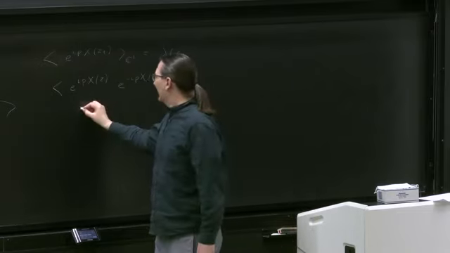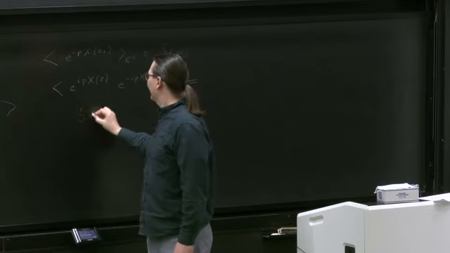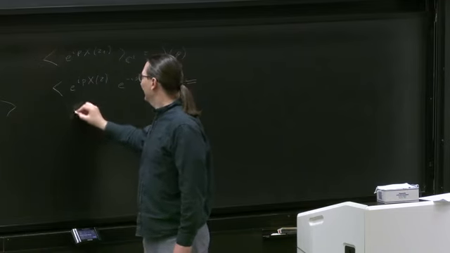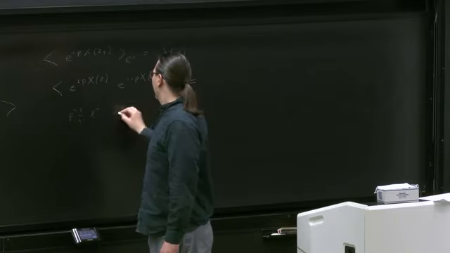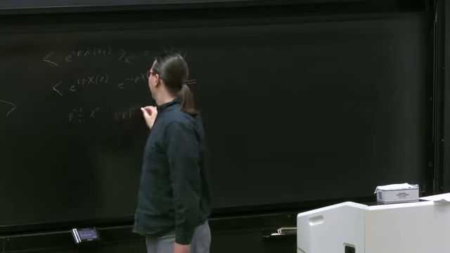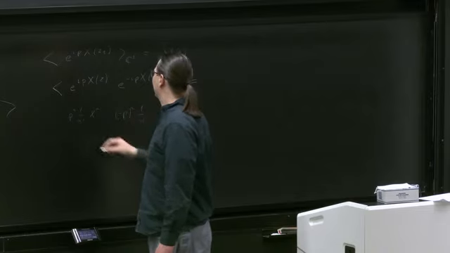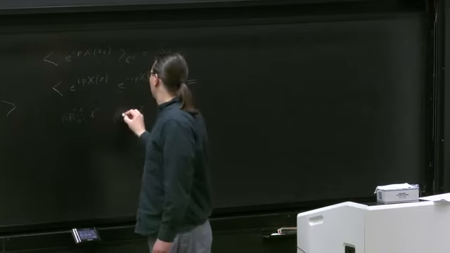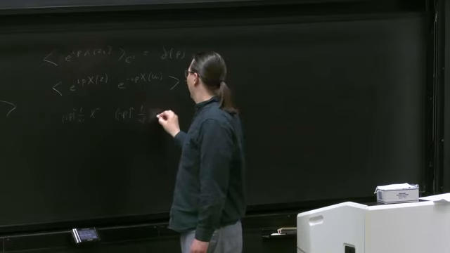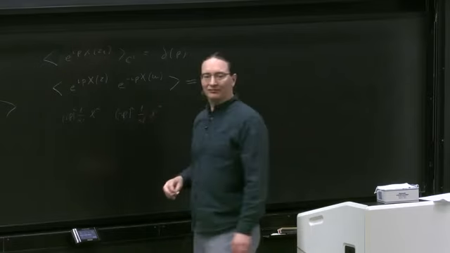There is something like a 1 over n factorial, x to the n, p to the n, minus p to the n, 1 over n factorial, so put an i, x to the n, right?